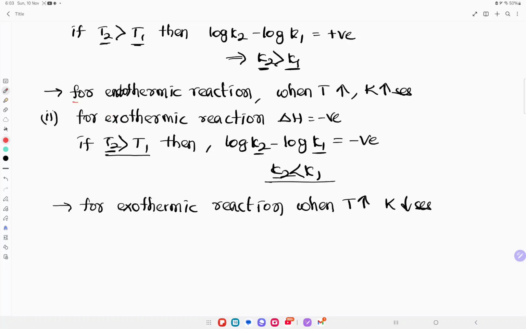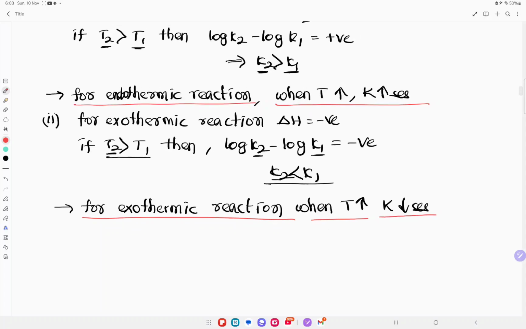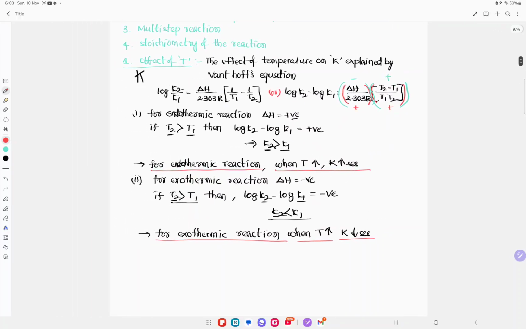Remember, for endothermic reaction, when temperature increases, K increases. For exothermic reaction, when temperature increases, K value decreases. This is the effect of temperature on equilibrium constant.